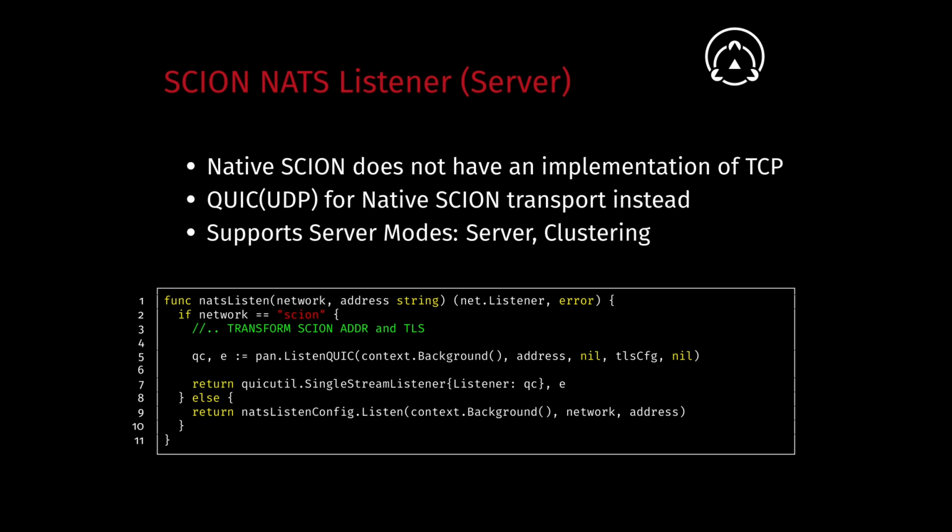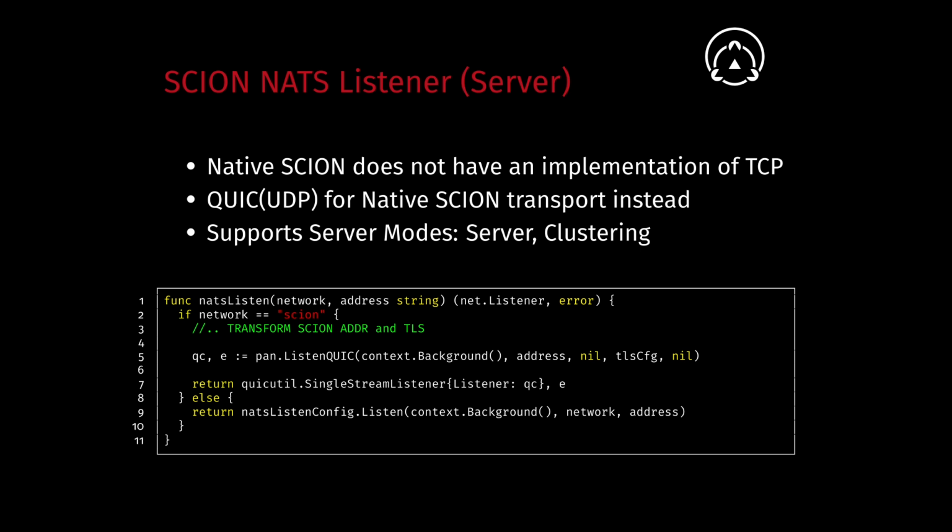The real meat of it is line 5 here, where I'm just getting a QUIC listener from the PAN library. I'm giving it an address and a TLS config, and then nulling out all the other fields I didn't need to do anything with. There would be more here.